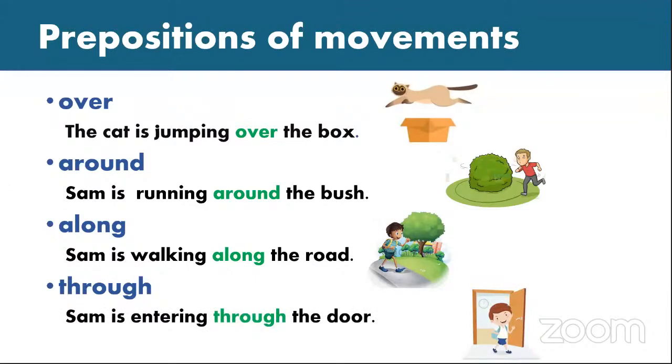Sam is entering through the door. Here, once again, Sam is here. You can see the boy. The same name I took. Sam is here. He walks through the door into this room. He is entering through. Next one.